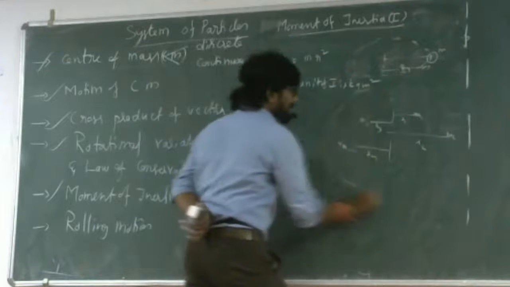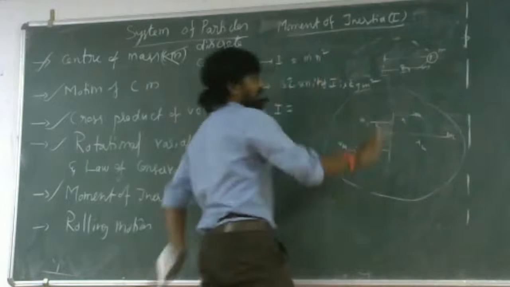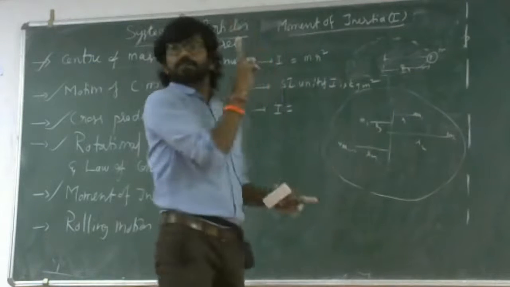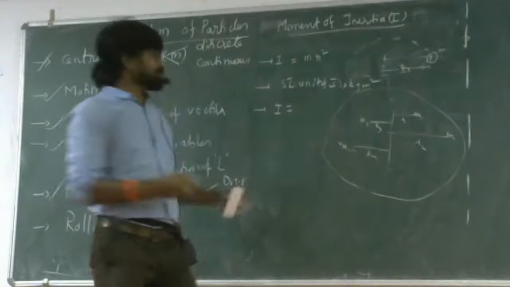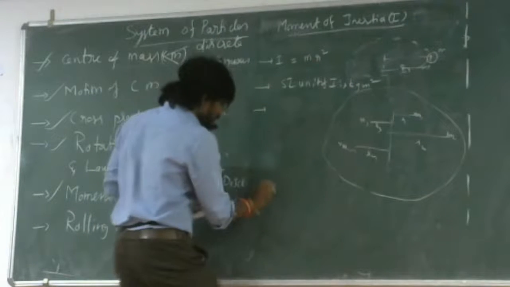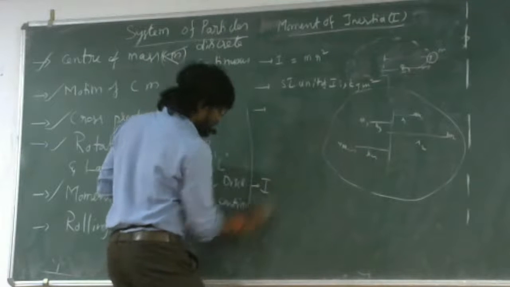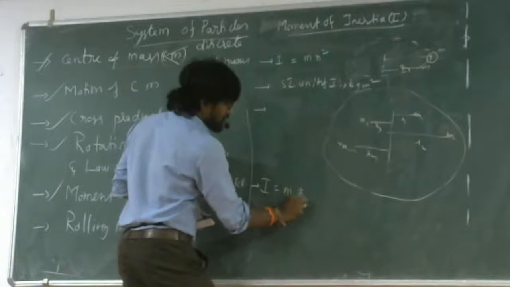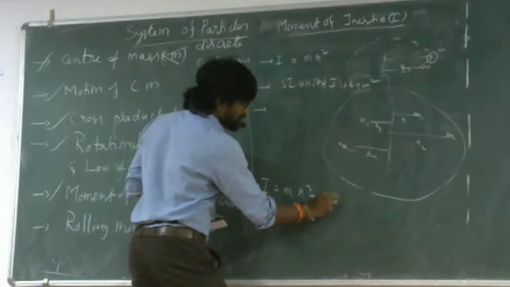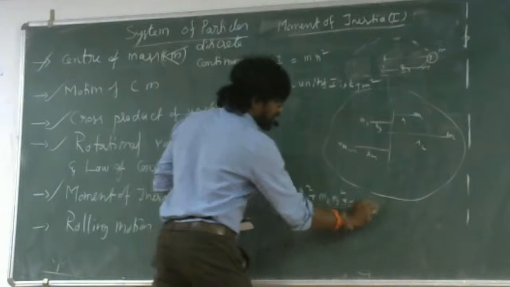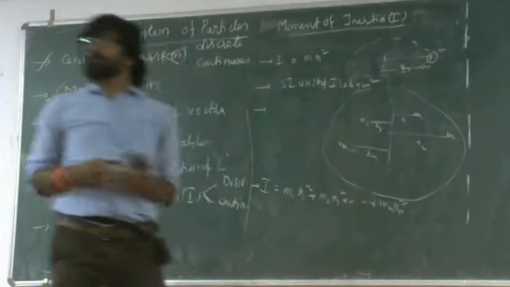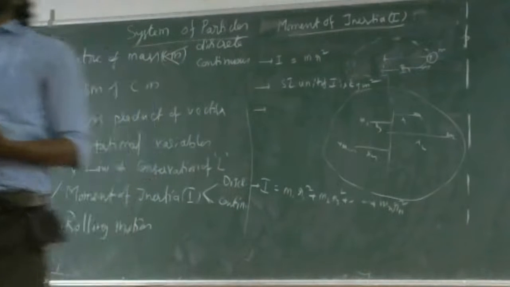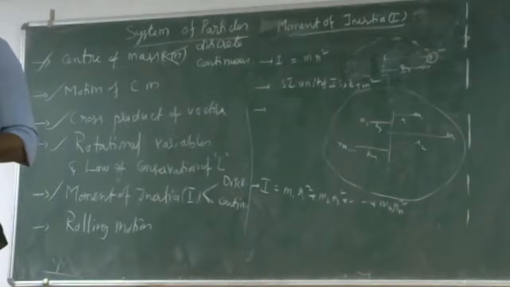This entire thing constitutes a system rotating about this axis. Then the moment of inertia of this entire system of particles is I is equal to m1 r1 square plus m2 r2 square plus so on plus mn rn square. That's it. Moment of inertia of n discrete particles. Got it?